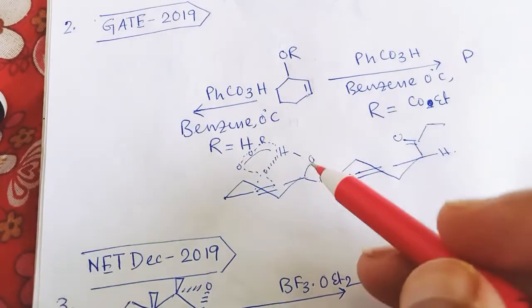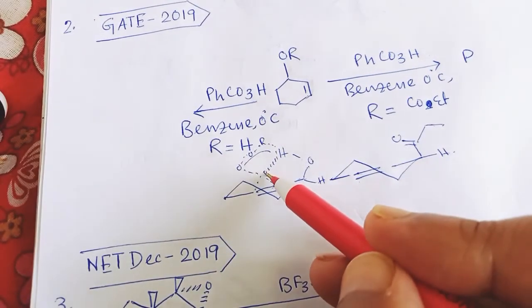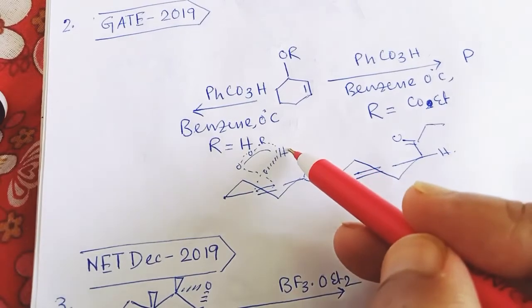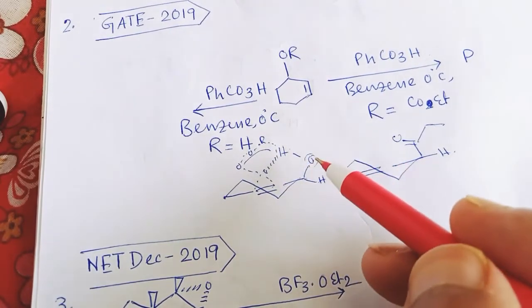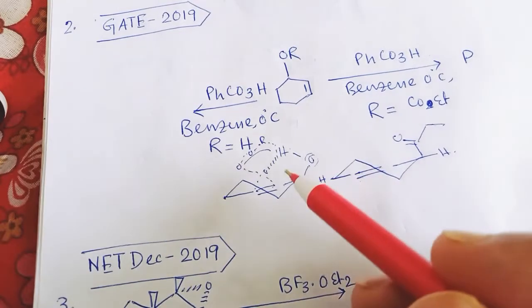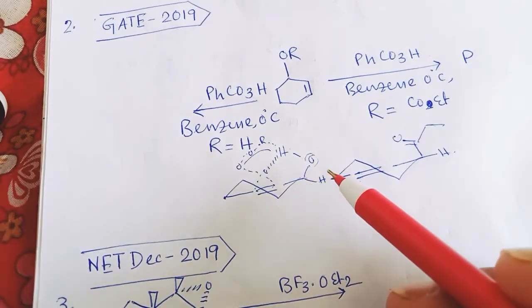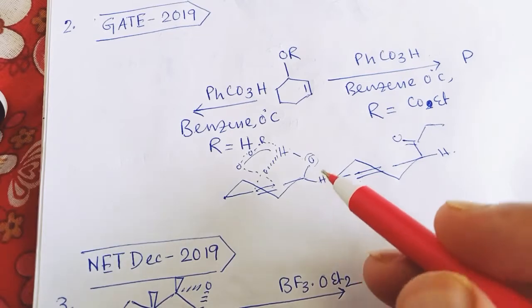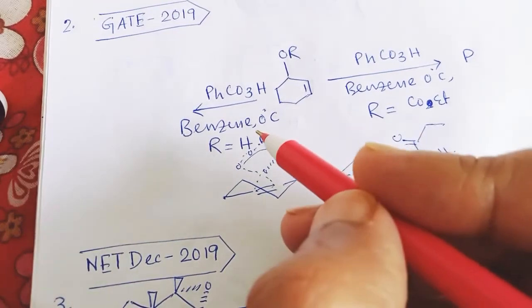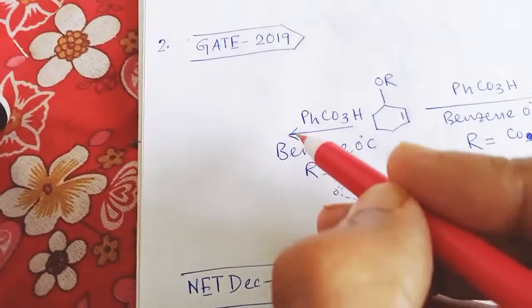So you can see here the coordinating oxygen makes a hydrogen bond with the hydrogen of the OH group. So it comes from the same face where OH is placed, that is the cis face. So it will be the syn type product.